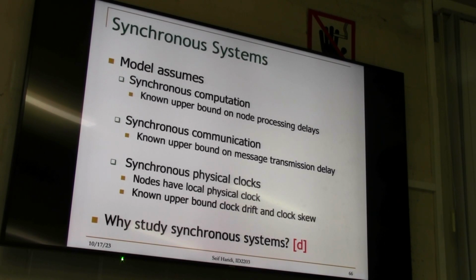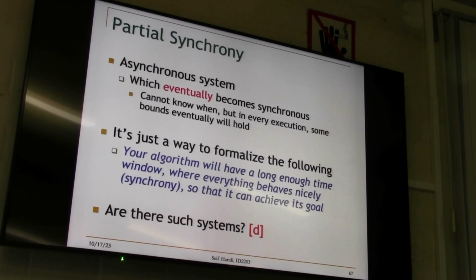But in real large-scale distributed systems, of course, the systems will not be synchronous, and they tend to be more asynchronous. But asynchronous systems are very hard to program. So in the 1990s, people were scratching their heads, and it was mostly Leslie Lamport who was scratching his head and came up with an answer: the internet is not actually truly asynchronous.